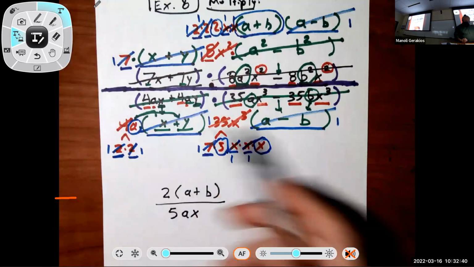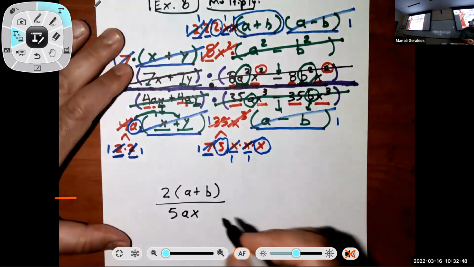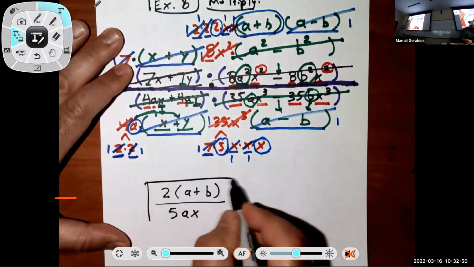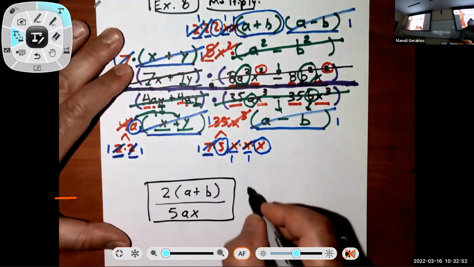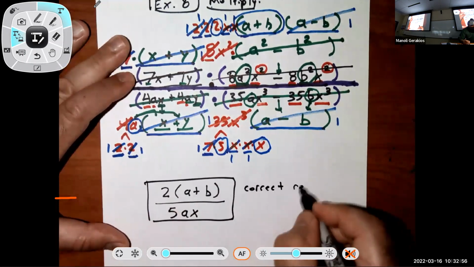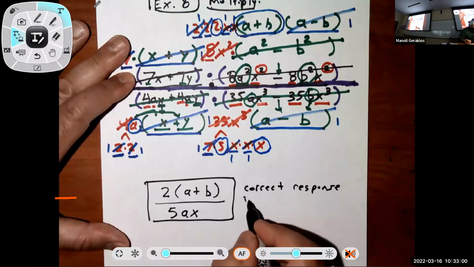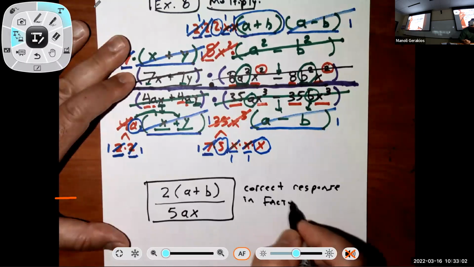And I think that's everything, right? So two things about the way we format answers. This is a correct answer, in factored form, if you think about it as a test response.